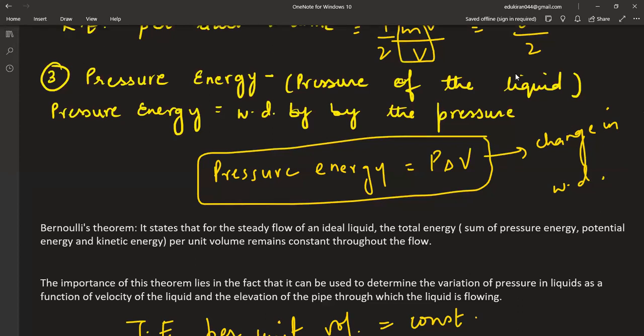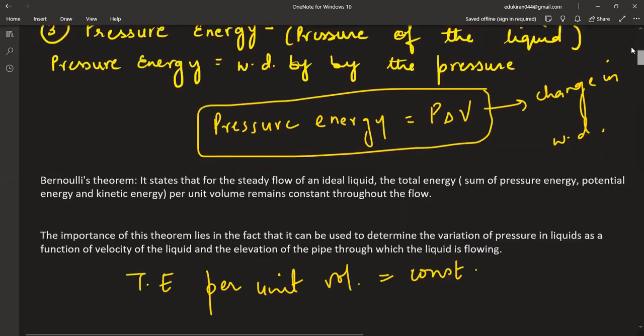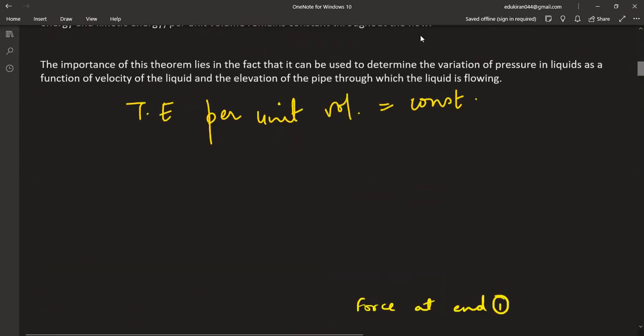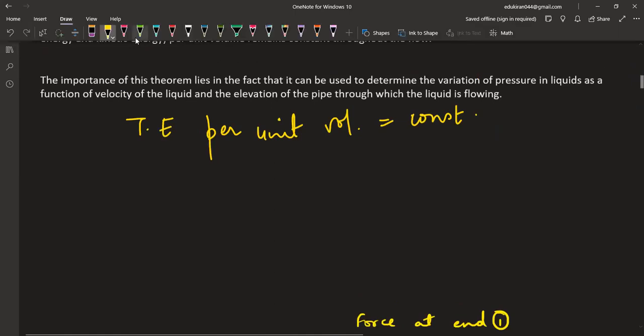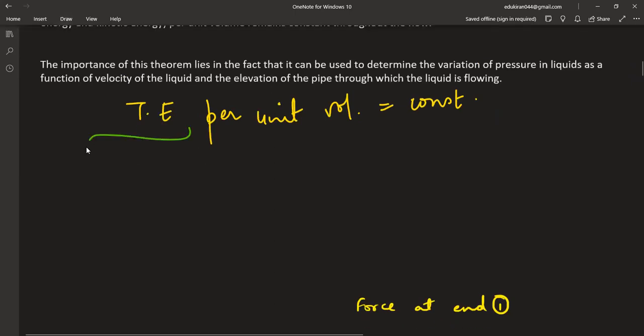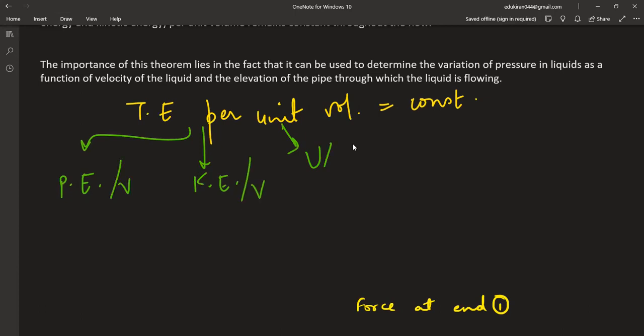So Bernoulli's theorem basically says that total energy will remain constant. Total energy means all these three energies: the pressure energy, the kinetic energy, and the potential energy per unit volume.